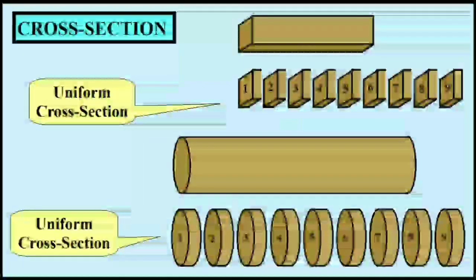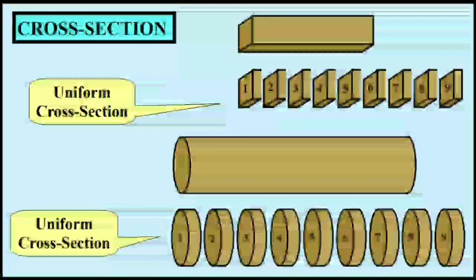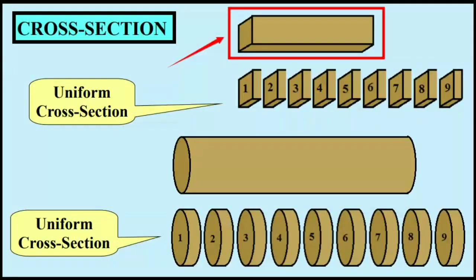In this topic, I'll start with putting more stress on uniform cross section and non-uniform cross section of a three-dimensional object. Let's observe the cuboid drawn here at the top.